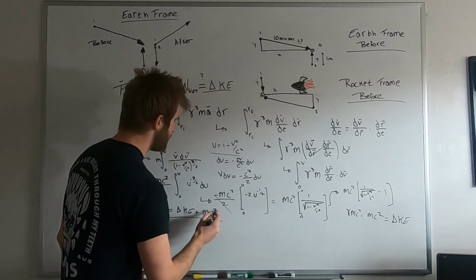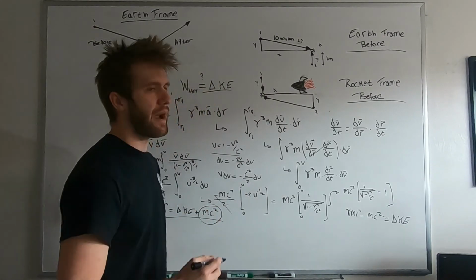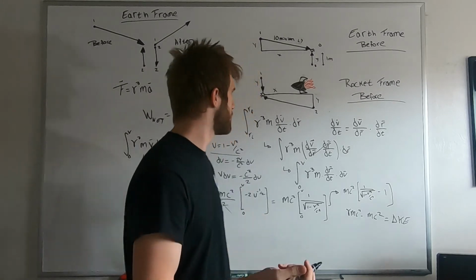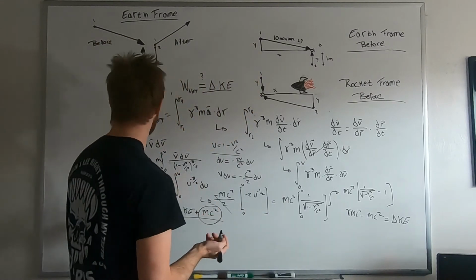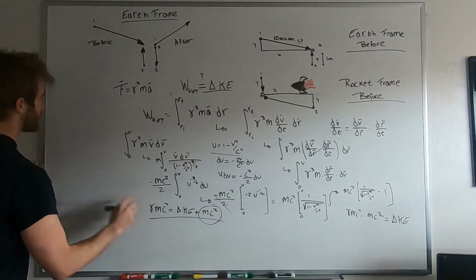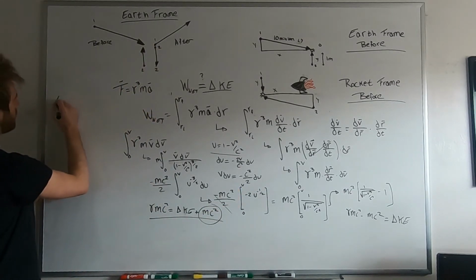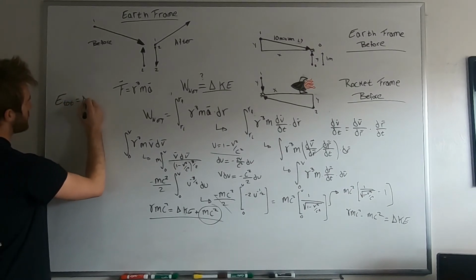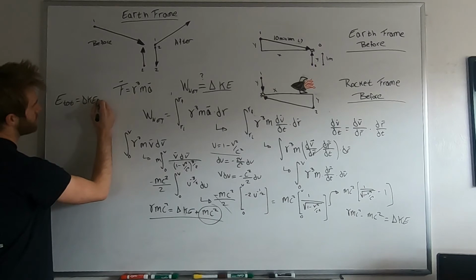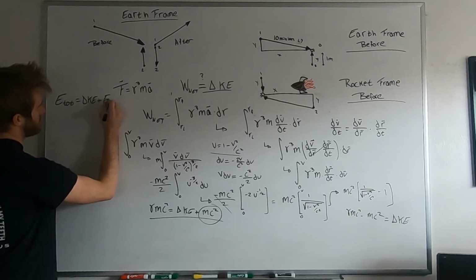And then we have something else, our rest energy. That is what this is defined as. So we can rewrite this. I know I'm running out of room, but we can write this as our E total is equal to our change in kinetic energy plus our rest energy.